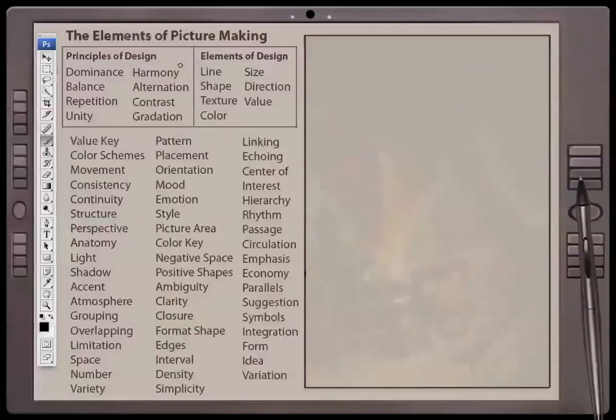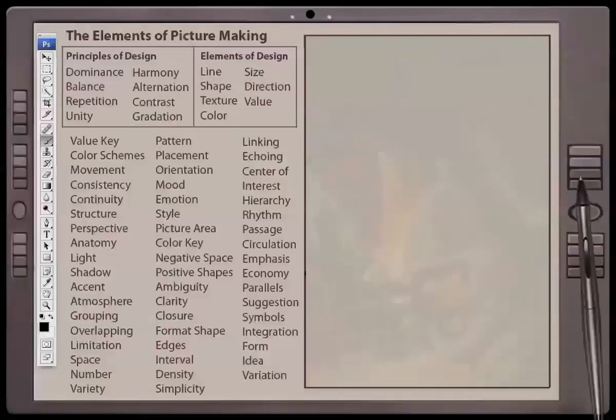If you apply harmony to the elements of design, you automatically wind up with a plan that will bring order to those elements of design, will organize them. Also, if you focus on dominance as being your design theme, that will also organize the composition.